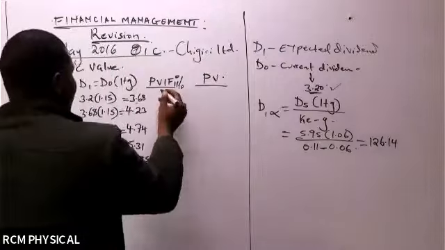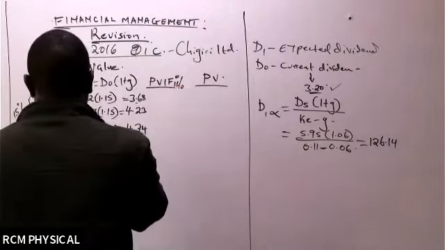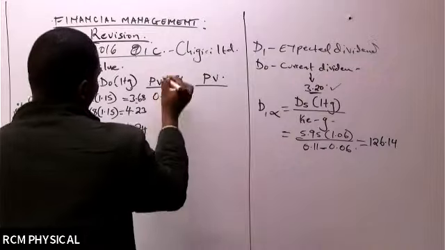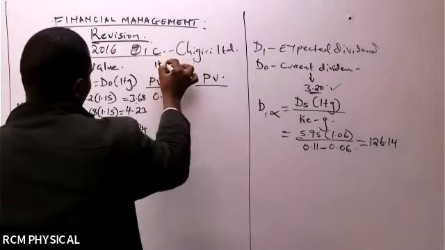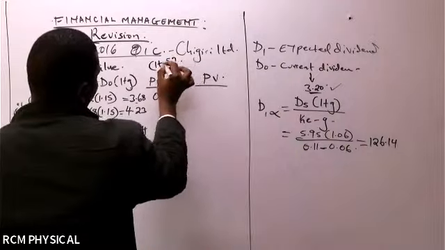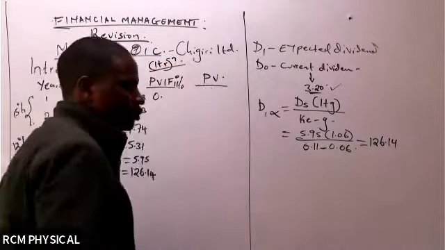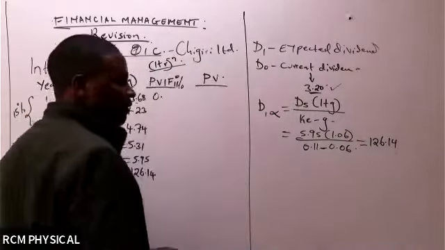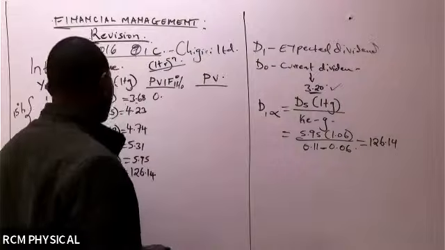Now let's get the PV factor at 11% for years 1 to 6. This is just 1 plus R raised to negative N, where R is 11%. To 4 decimal places, what is the first one?